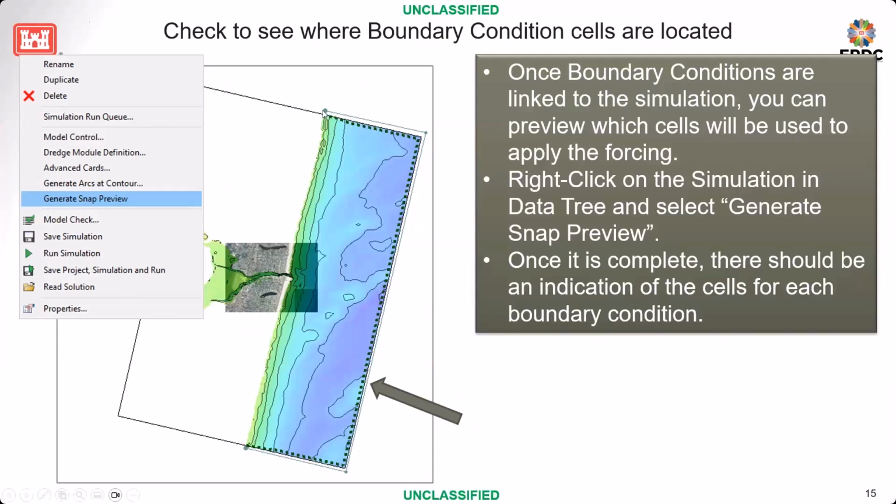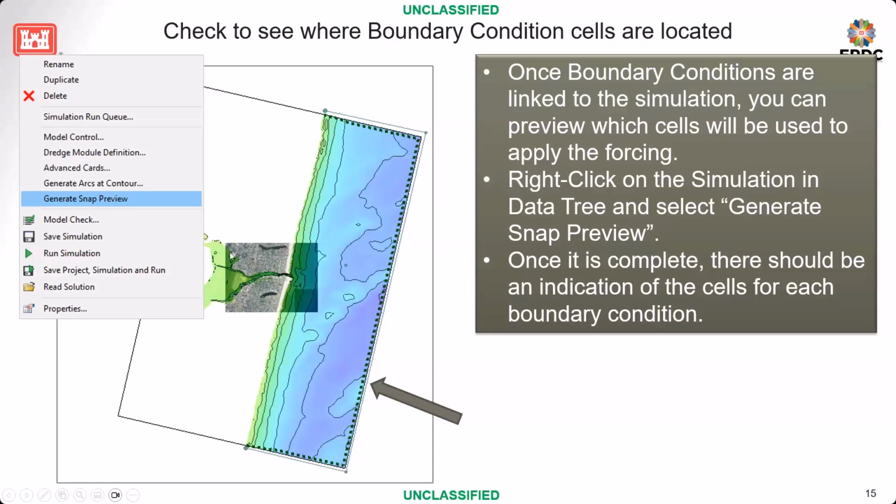Basically, it looks at every boundary condition arc and tries to map that arc to the nearest active computational cell, and then it gives you some indication of where that is. This is really useful if you have some beach area that is computational, but you don't necessarily want to provide the forcing at that area.